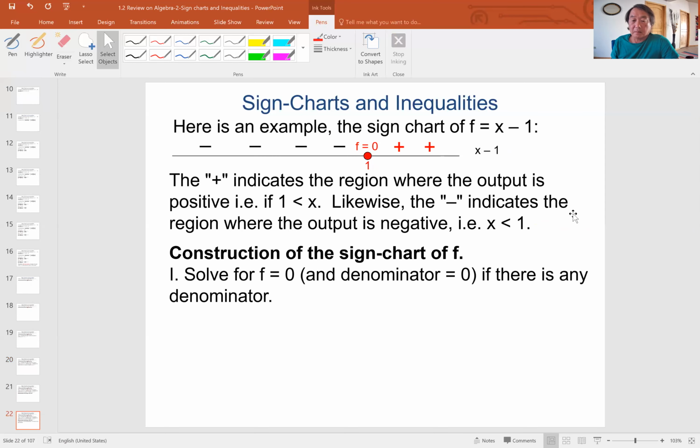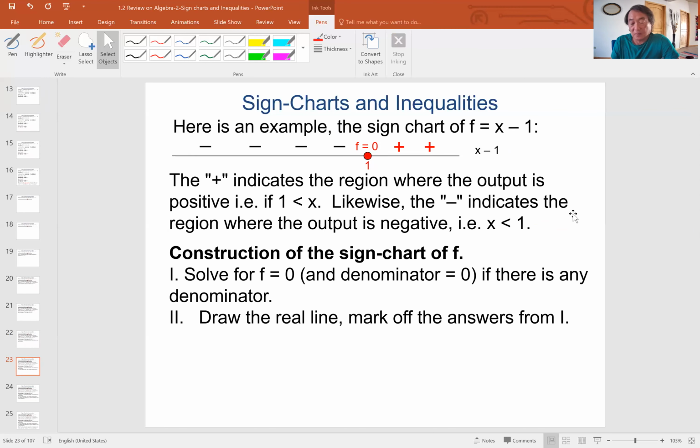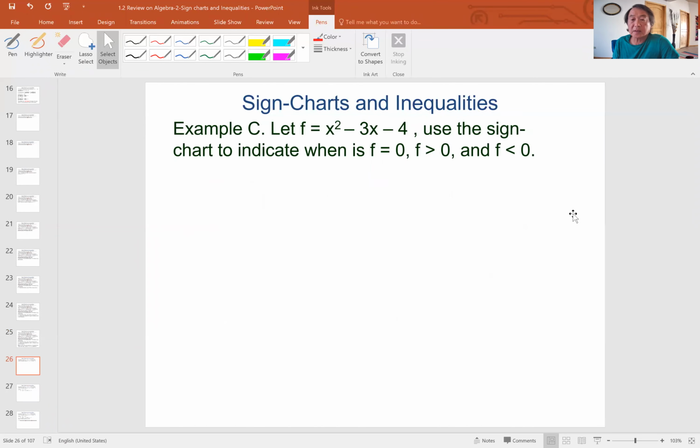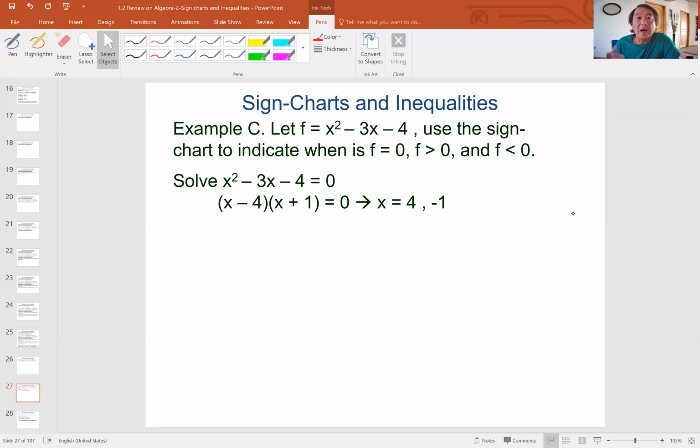Here are the steps written out, but let me give you another example of how we do this. Here's a second degree one. We want to construct a sign chart for this second degree formula. The sequence of things we have to do is first find out where it is 0, that is neither positive nor negative. Factor, and find out what is 0. From here on, we're going to change into picture mode.